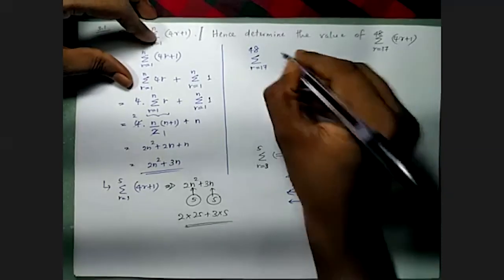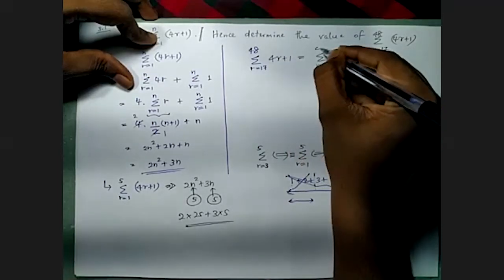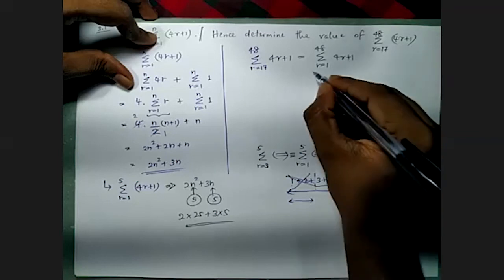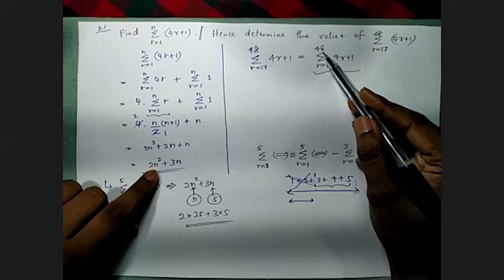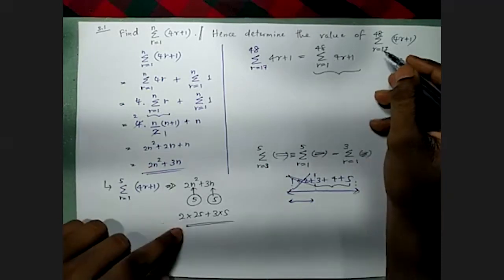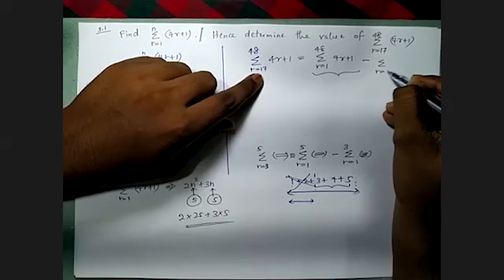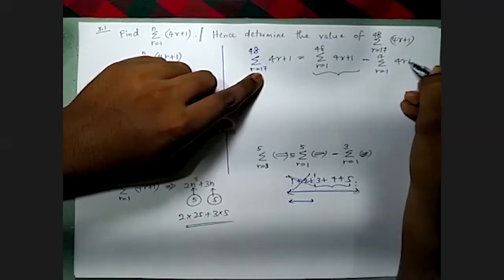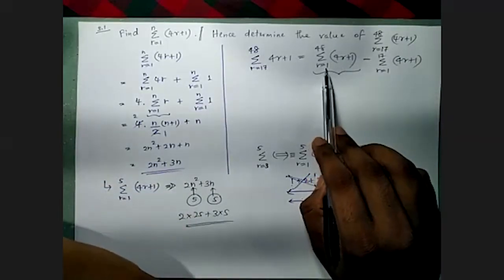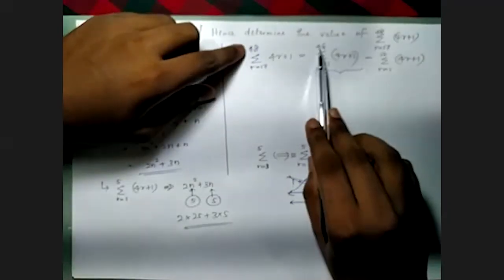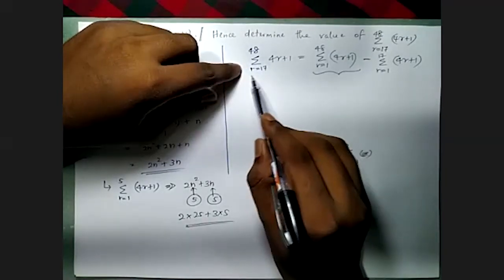Yes, sir. Okay. That means I can write this as sigma r equals 1 to 48 of 4r plus 1. You have to substitute 48 for n. Then since they are asking from 17, you have to subtract the sum from 1 to 17 of 4r plus 1, because 1 to 17 is missing.